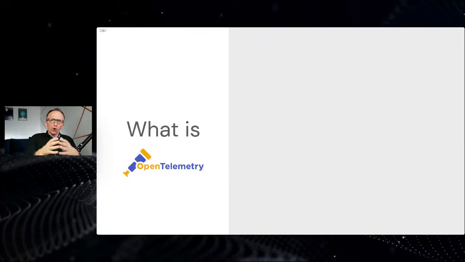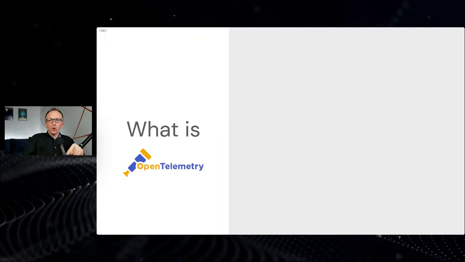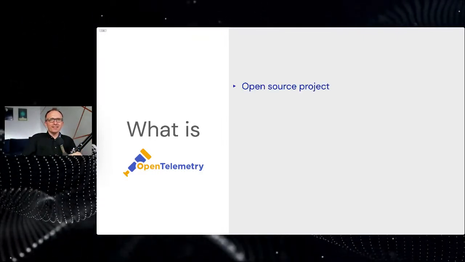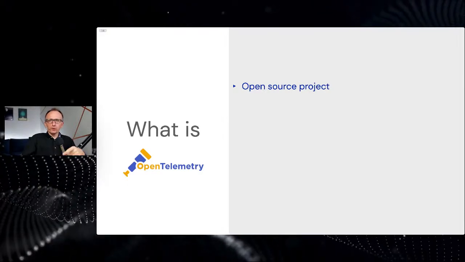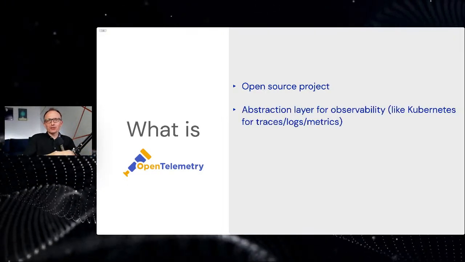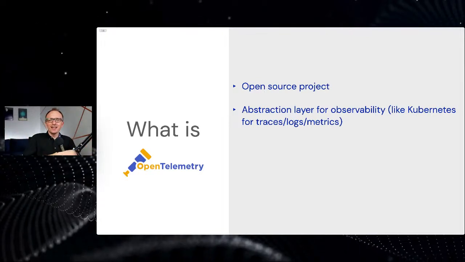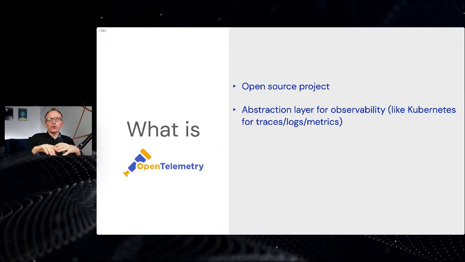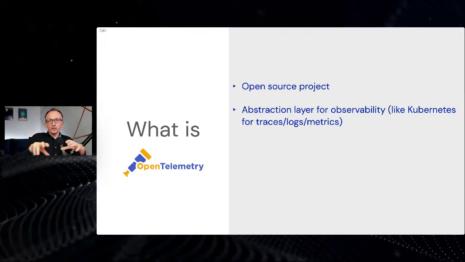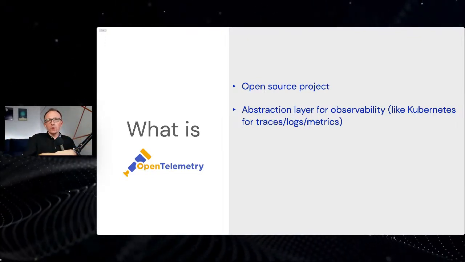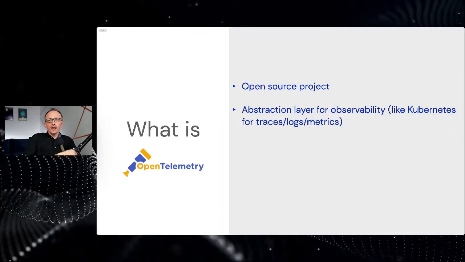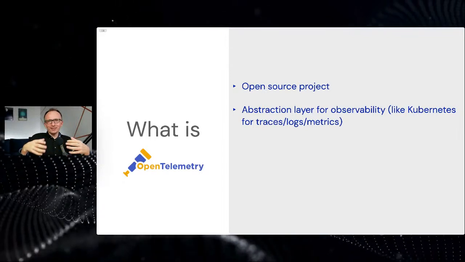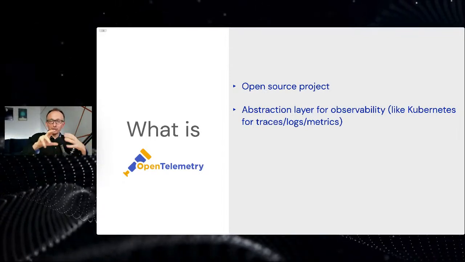So what is OpenTelemetry anyway? OpenTelemetry is an open source project, and I like to compare it with my favorite open source project, which is, of course, Kubernetes. Just like Kubernetes hides the complexity of the infrastructure that is used to run your applications, OpenTelemetry creates an abstraction layer for observability.